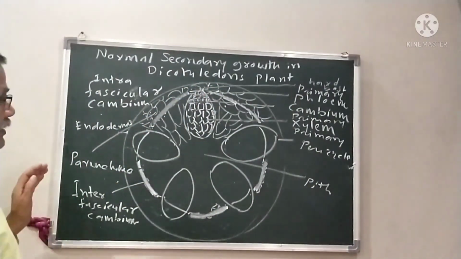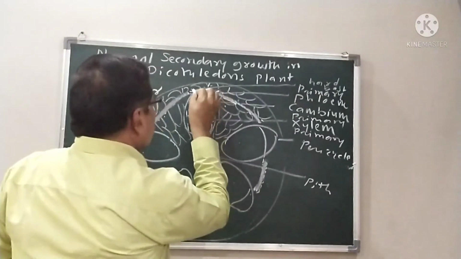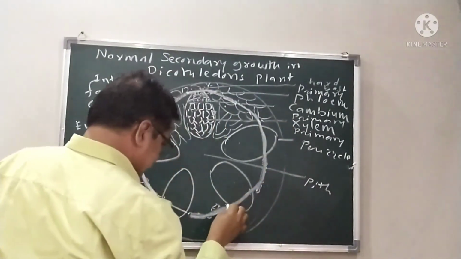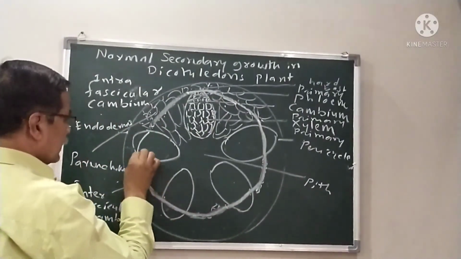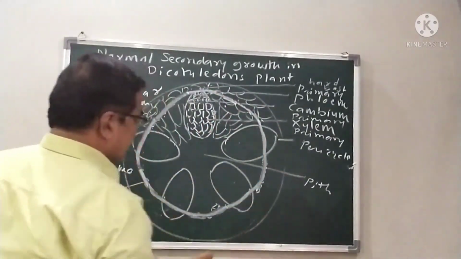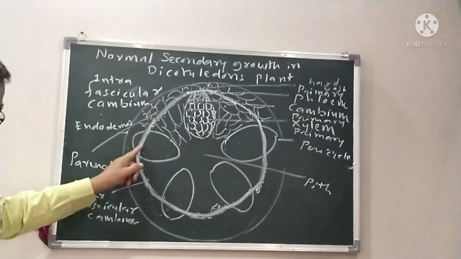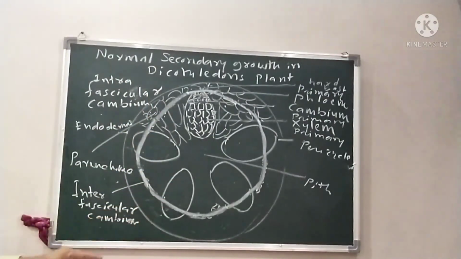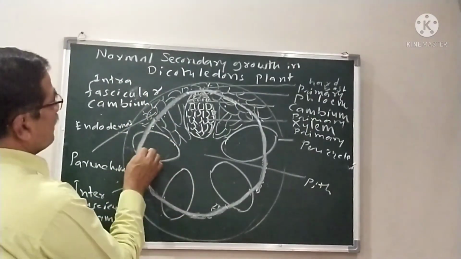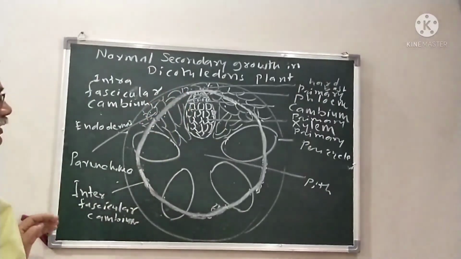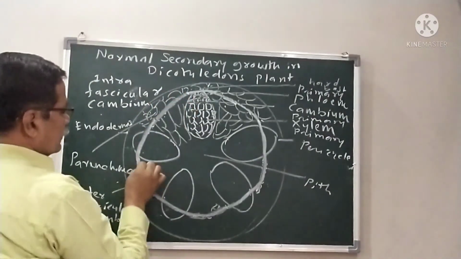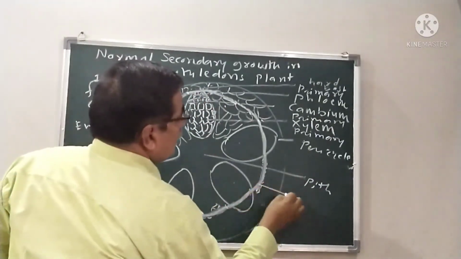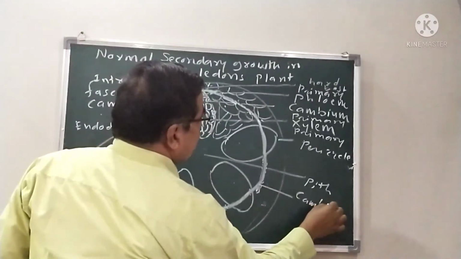Further, they join to the intrafascicular cambium. There is an intrafascicular cambium and an interfascicular cambium. They are meristematic tissues, that is, cambium tissues. They join to each other and form a cambium ring.